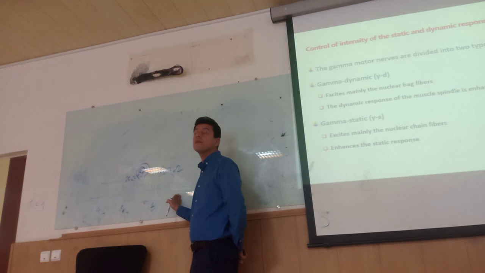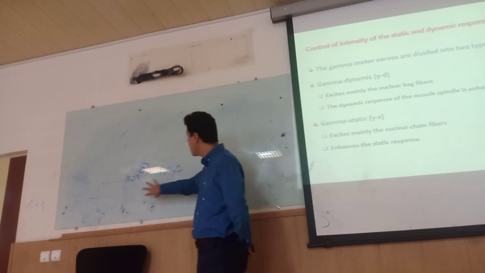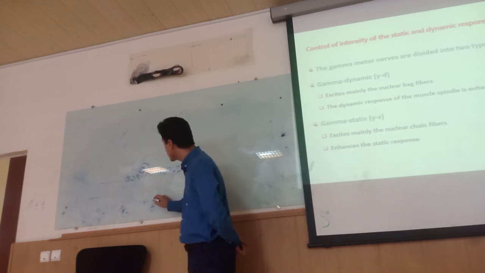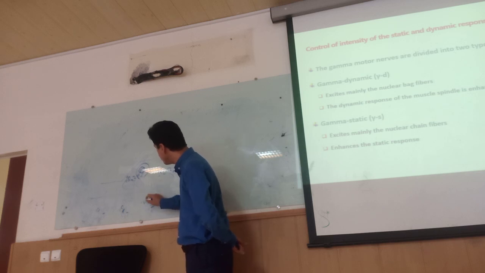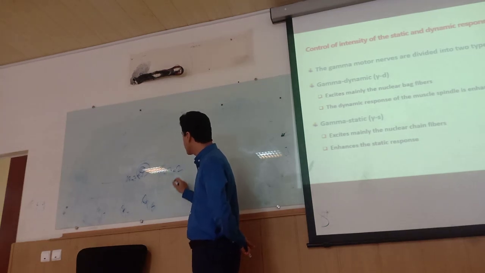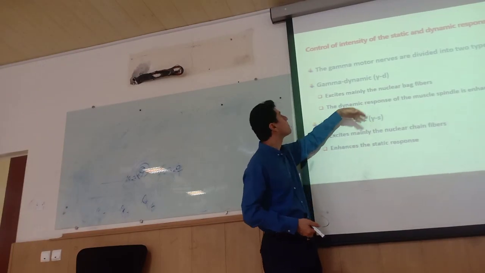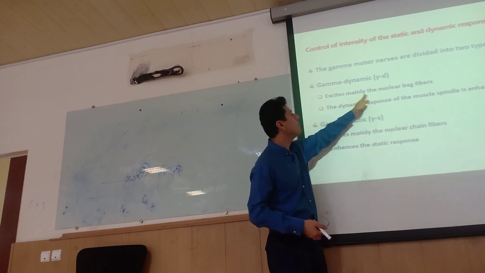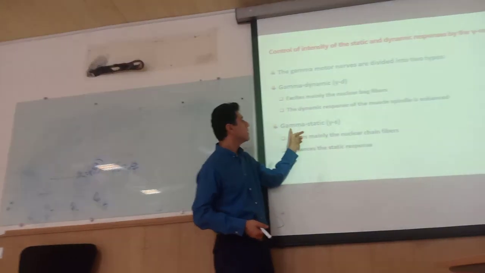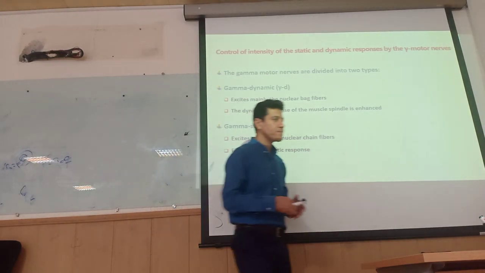If gamma static neurons are activated, then the dynamic part remains the same, but the static part increases. For example, it goes up from 5 to maybe 7, so that the static response will be 4 instead of 2. Okay? So, gamma dynamic increases the dynamic response. Gamma static increases static response. Right?